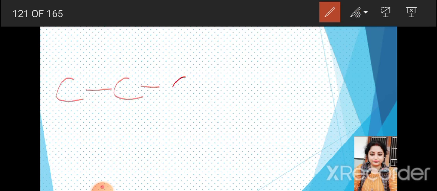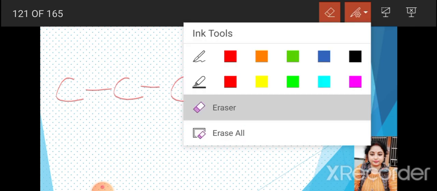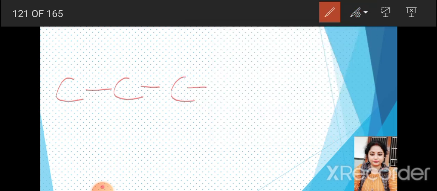C, C, C. Let's take the 3 carbon chain attached with a halogen. Okay, this is my long chain compound and a strongly electronegative halogen atom. X is your halogen atom. It is attached to this carbon chain. Okay, now let's do the numbering. Halogen is here. This will be C1, this is C2, this is C3.